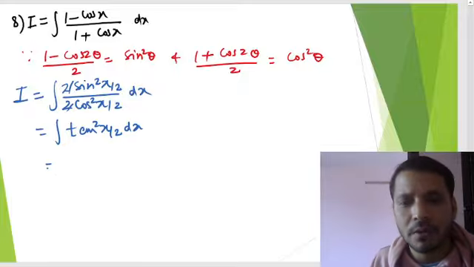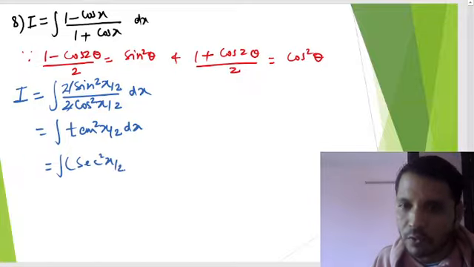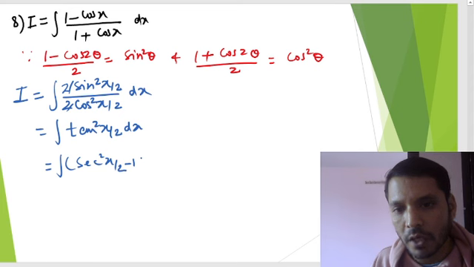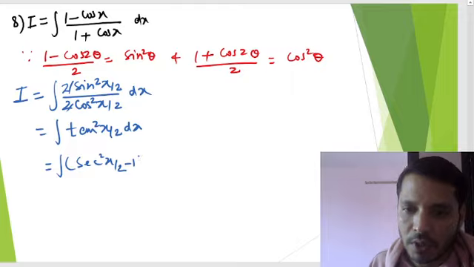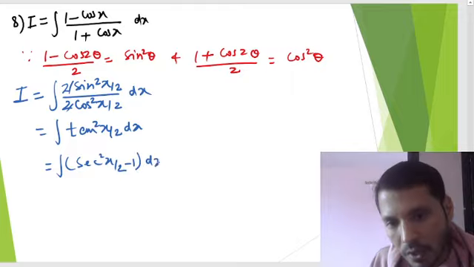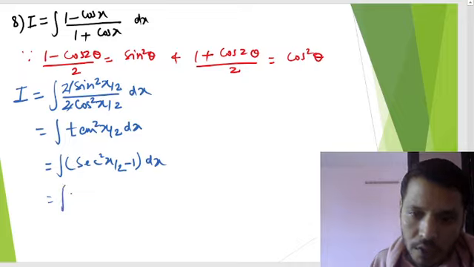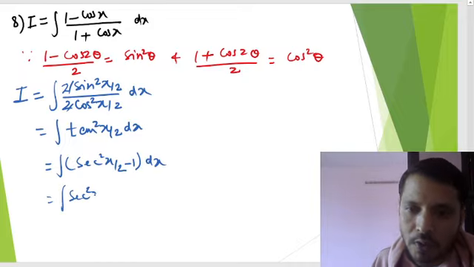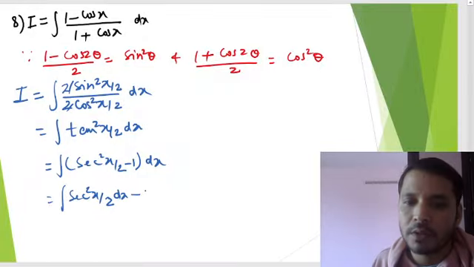We don't have a direct formula for tan square, but we can convert tan in terms of secant square x by 2 minus 1, because we know the identity 1 plus tan square theta is equal to secant square theta. So from that identity we can write in these terms. Now we can take the integration of secant square x by 2 into dx and minus 1 into dx, right?